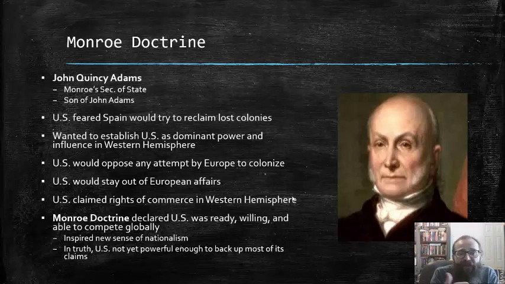And this inspired a new sense of nationalism as well, even though in truth the U.S. was nowhere near powerful enough, especially militarily or economically, to really back up most of these claims at this time.